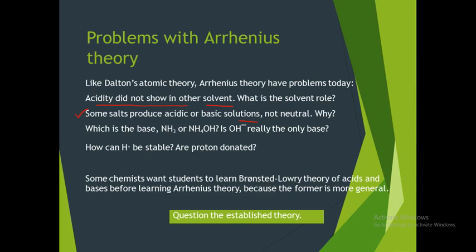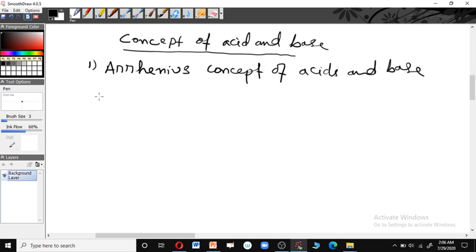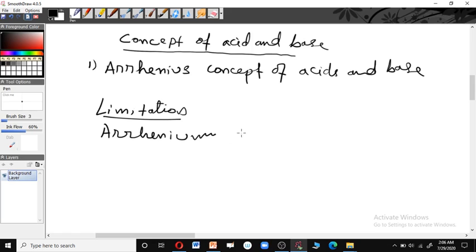The most important objection about this Arrhenius theory was that the concept mostly works on the water solvent.